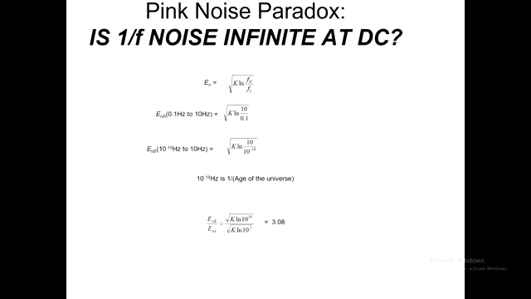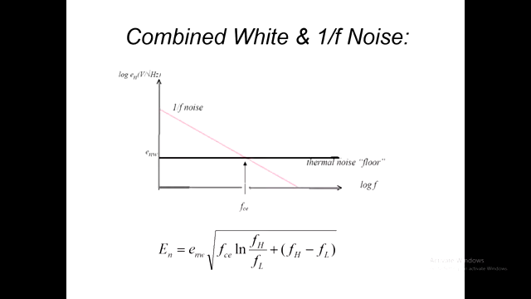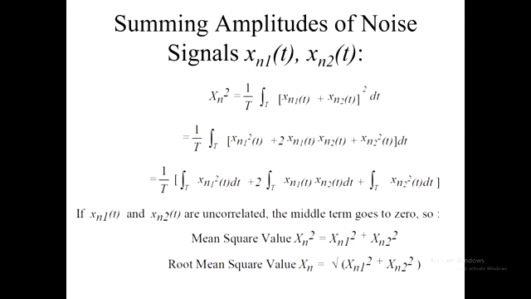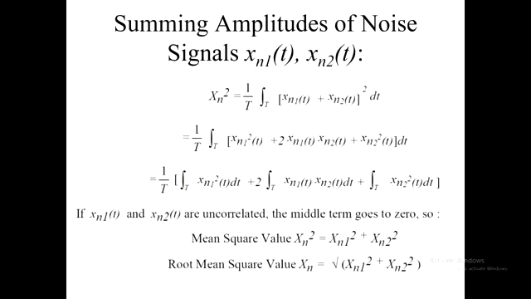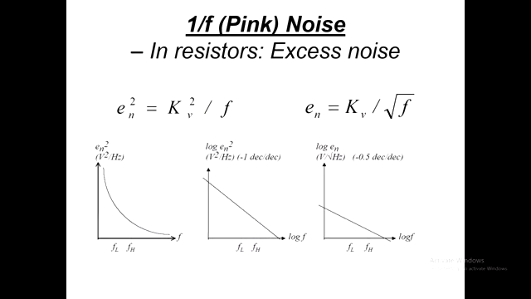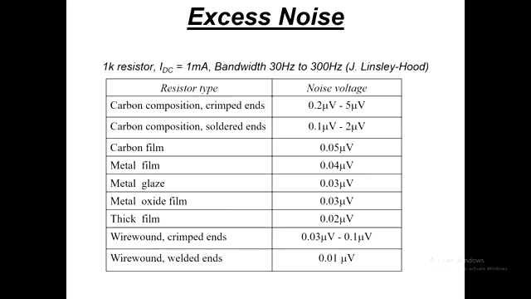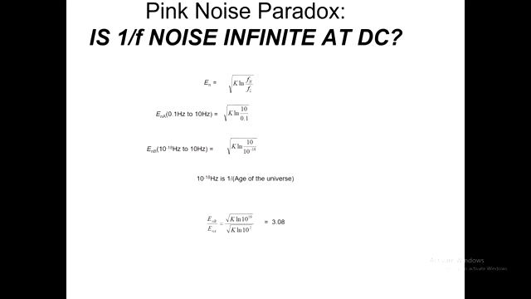Any other really good questions? What's the K? That's an arbitrary factor that comes about from the 1-on-F process.